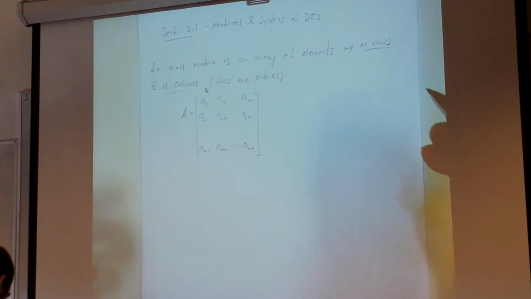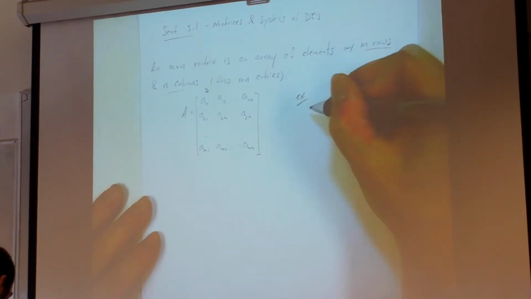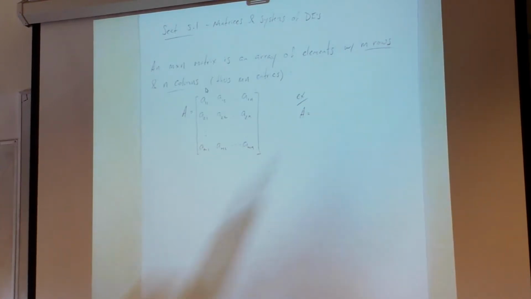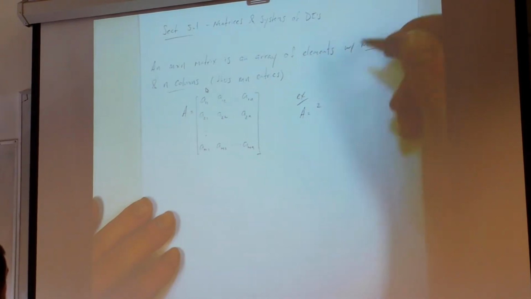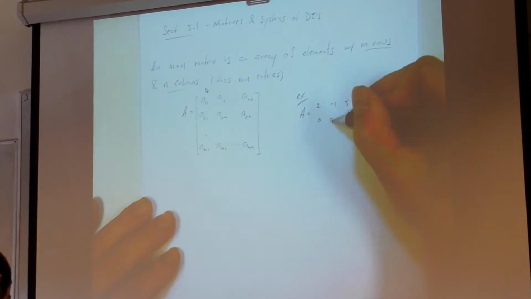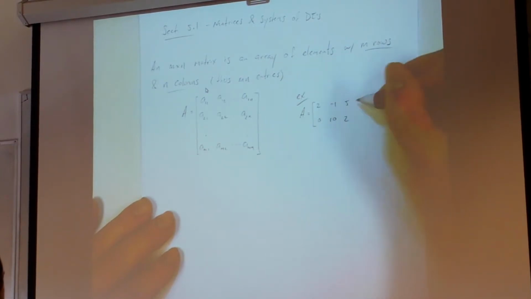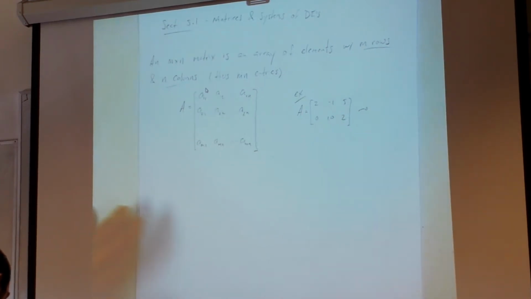All right, so some quick examples. By no means does M have to be equal to N. If they are, then we call it a square matrix for obvious reasons, but you could have any number of rows and columns. So say A is this matrix, say 2, -1, 5, 0, 10, 2. What would be the dimensions? 2 by 3 matrix.